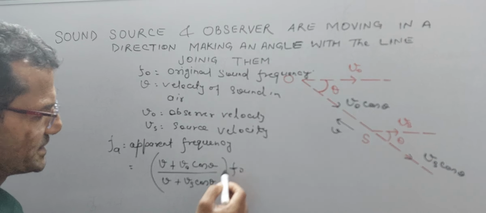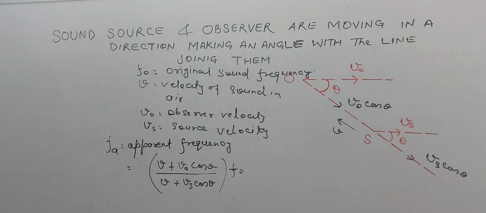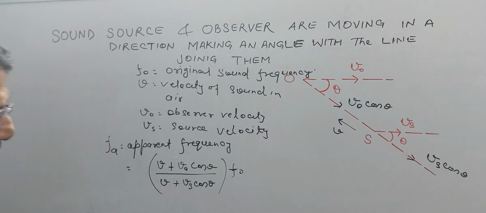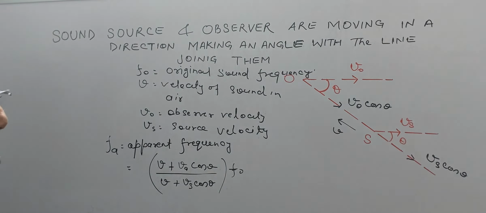So this is the resultant effect of the moving source and moving observer when they are not moving along the same line joining.